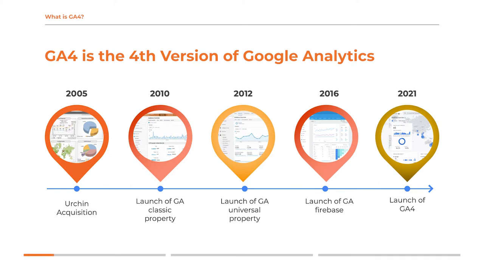But Google couldn't put the app interactions together with the web interactions, and that saw the introduction of GA4 in 2021. But now it is out of beta, and it's, I would probably say, the go-to marketing tool from Google.